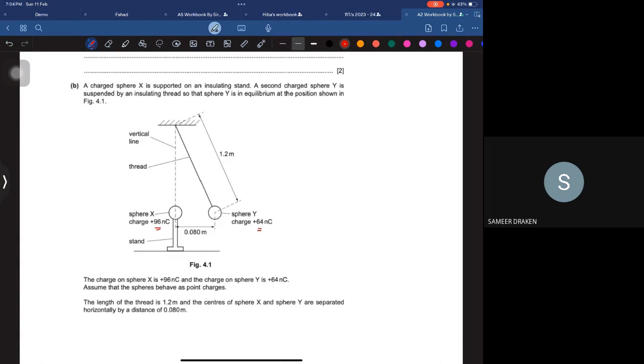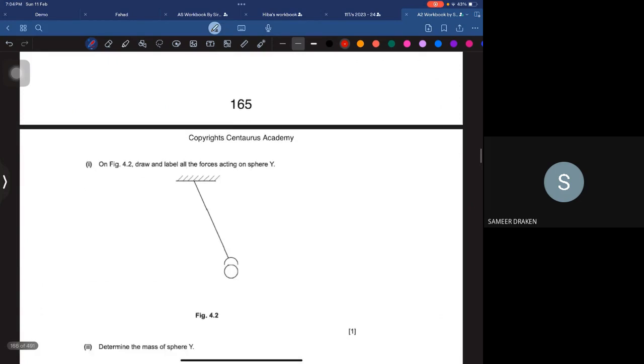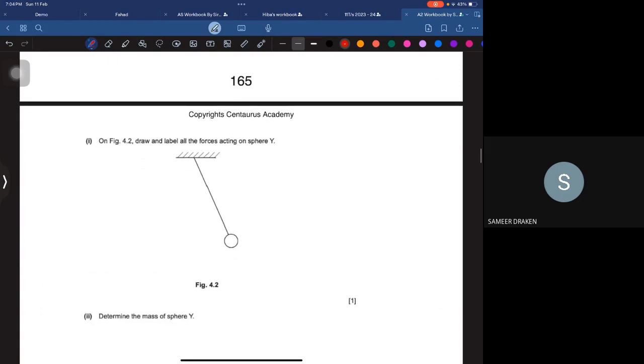Whenever you're reading through it, always mark the important details. Length of thread is this one right here, which is good. And the distance between them is this one. Fair enough. Now they say on the figure drawn, label all the forces acting on sphere Y.